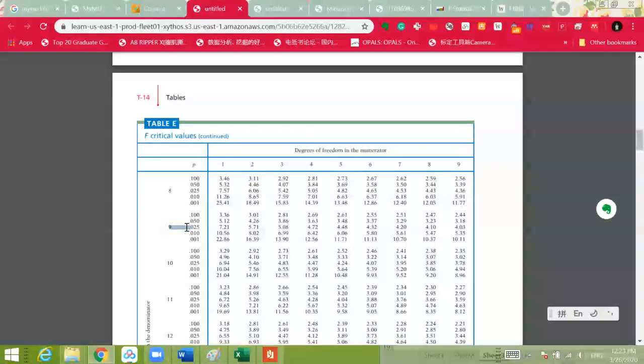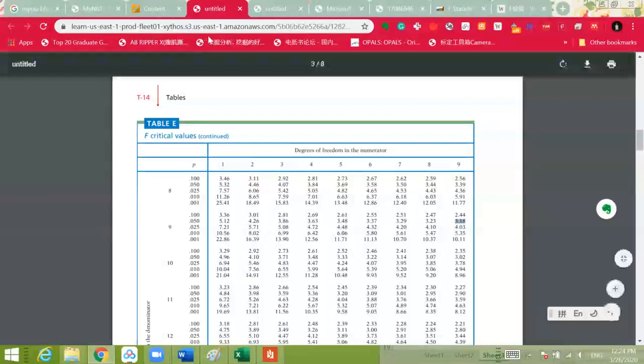And then we find the second one is 9. Our alpha value is 0.05. If we do not mention the alpha value specially, the default alpha value is 0.05. We can find this value is our critical F value.